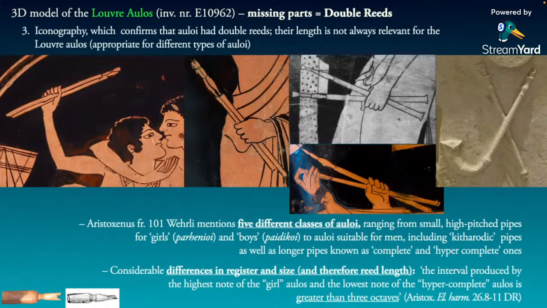So we need to evaluate what instruments and what context we're talking about when we're looking at different images. And these different types of aulos had very different registers and sizes, and therefore needed different reed lengths. They covered a pretty large range of pitches, over 3 octaves, we are told by Aristophanes, one of the most important authorities about ancient Greek music.